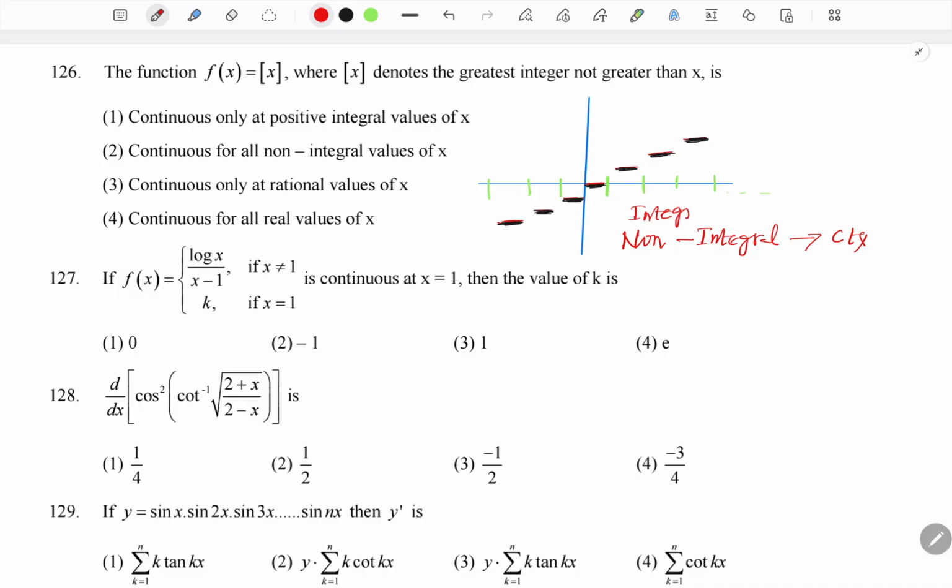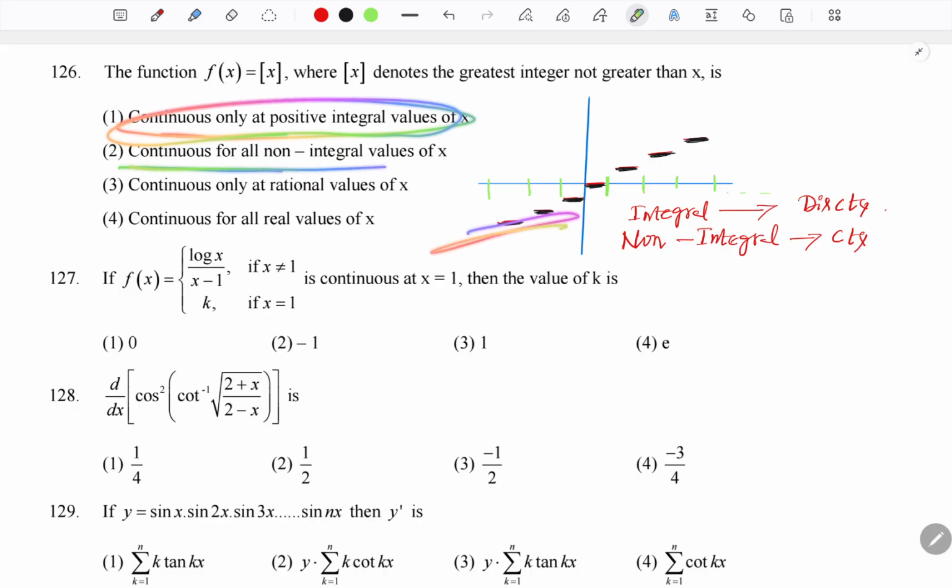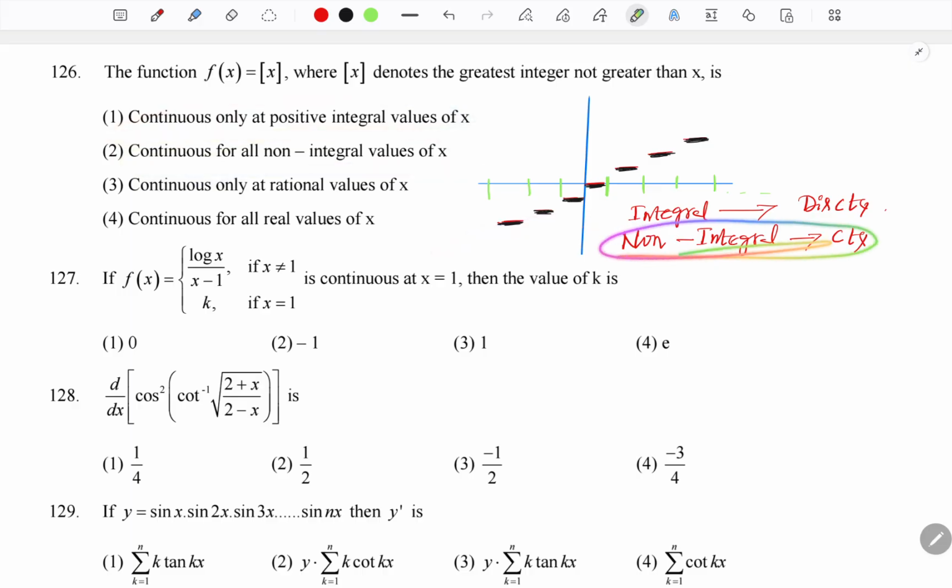At integral points, the graph is clearly discontinuous. So what is my correct option here? Now read the options. Continuous only at positive integral points? No, it's not right. Continuous for all non-integral values? Yes, it's continuous for all non-integral points. So option number 2. And read the remaining options. Continuous only? No. Continuous for all? No. So option 2 is correct.